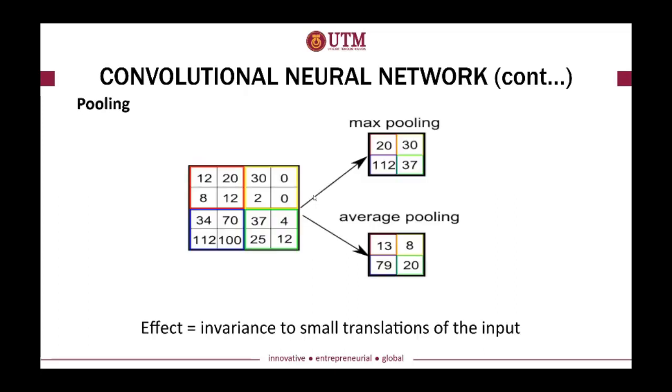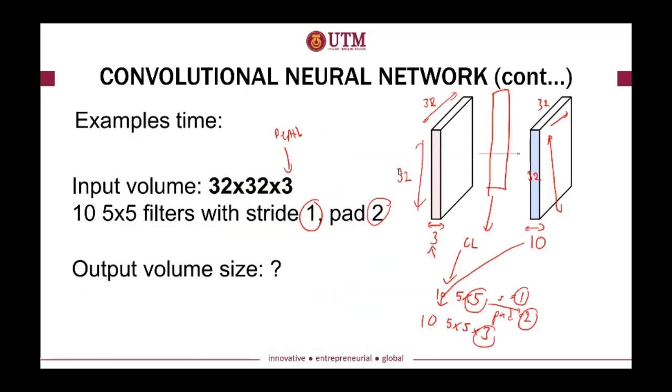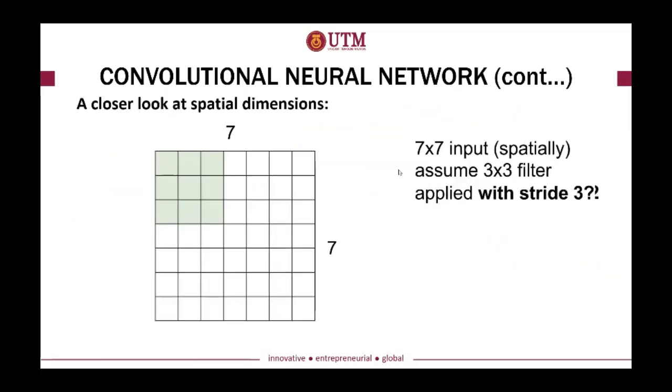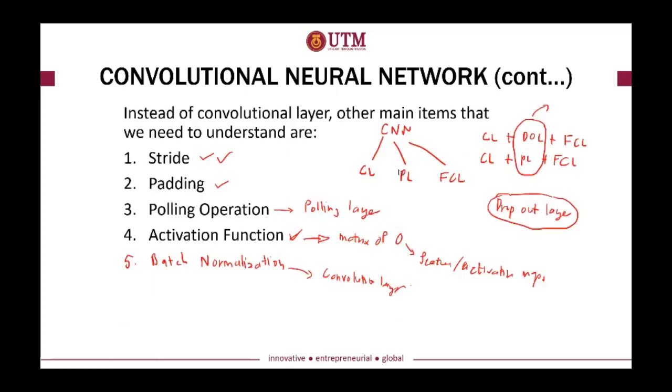Okay, so in general, pooling can be divided into two approaches. One is maximum pooling, and another is average pooling. Before I discuss further about the pooling layers, let me go back to this item, because I also discussed this in the previous lecture: stride and padding.